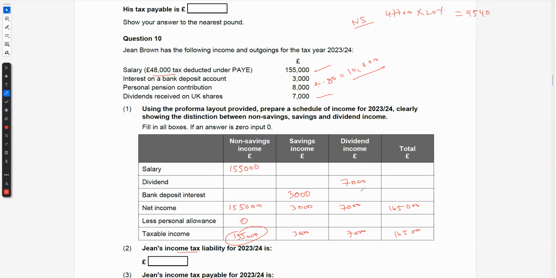Then we're going to look at how much we have left from the higher threshold. My higher band, normally it is 125,140, but of course as the basic band is extended, we need to make sure we give the higher band as well extended. So it will be 125,140 plus 10,000, so it will be 135,140. And from here we need to minus 47,700 that we already calculated.